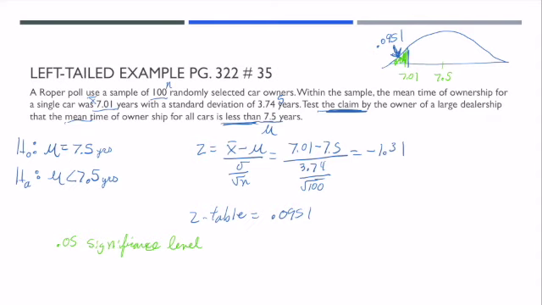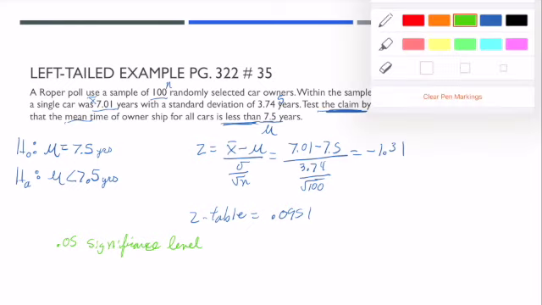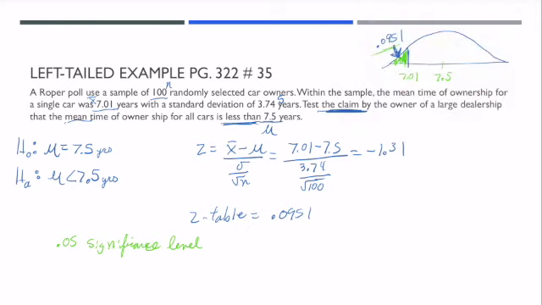No. I cannot reject my null hypothesis because 0.0951 is greater than 0.05, right? I want to find the area of 0.05. So at the 0.05 significance level, I do not reject my null hypothesis.